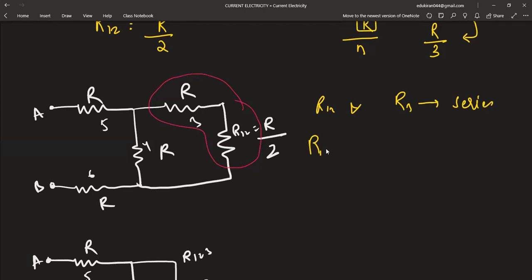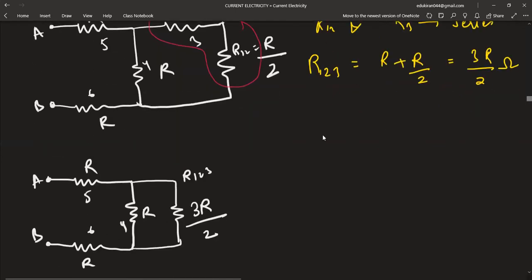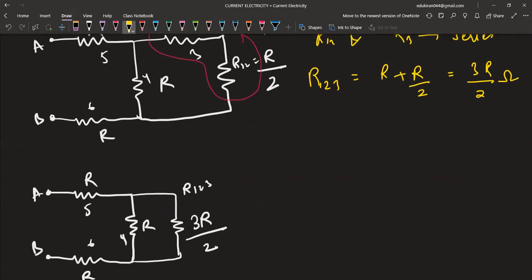So R123 will be added. Basically, it will be R plus R by 2 is the resistance. So we can replace this with just 3R by 2. Okay, so we have replaced this with just simple 3R by 2.